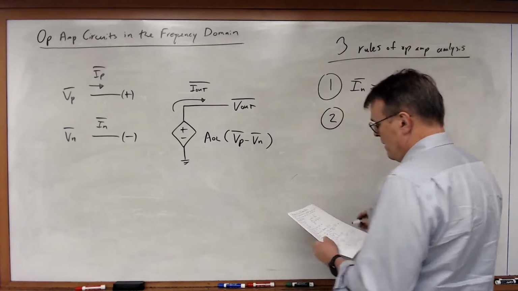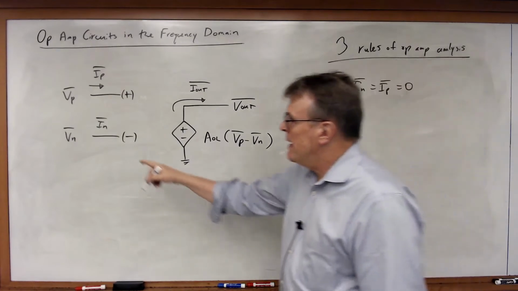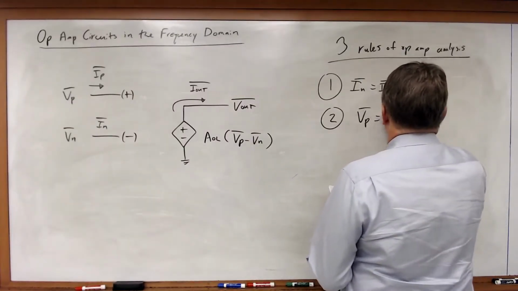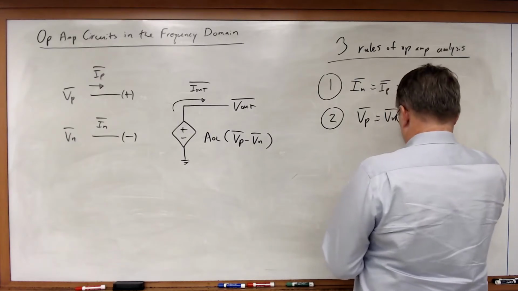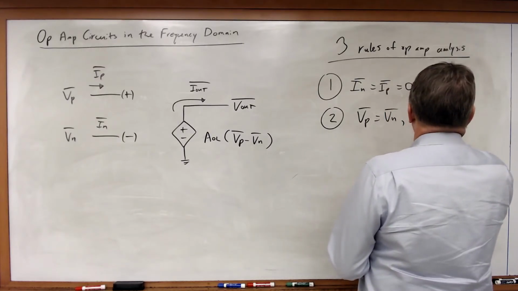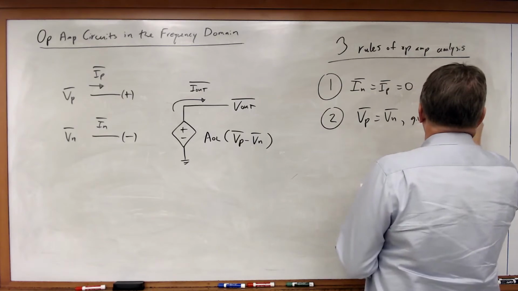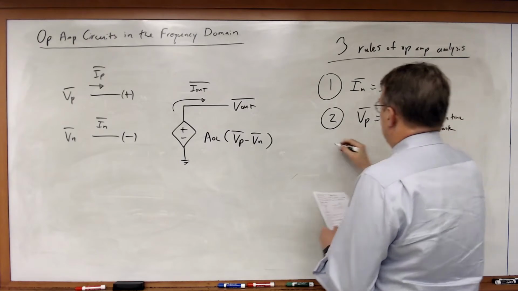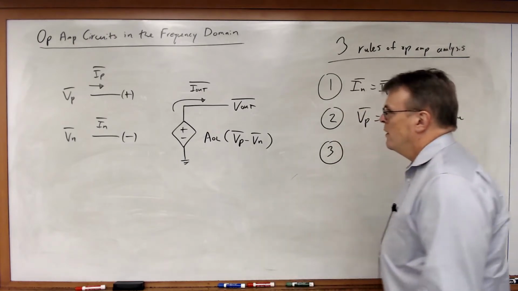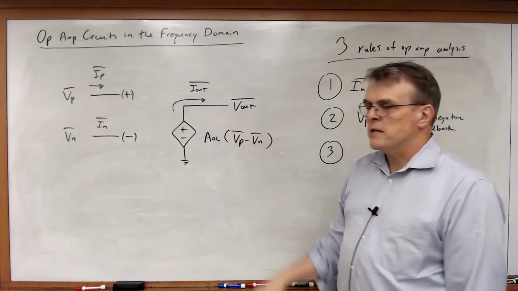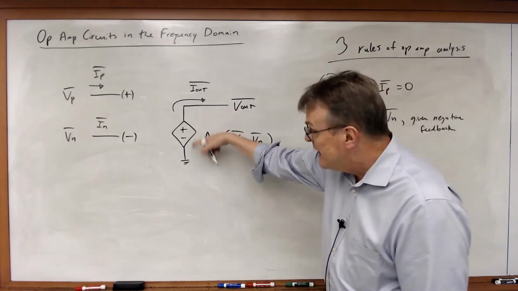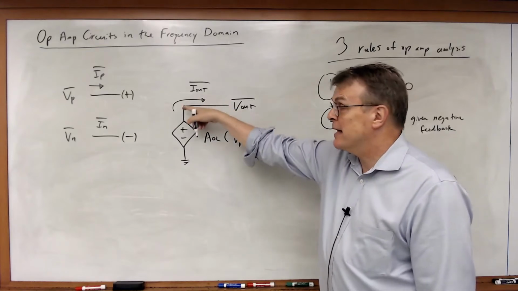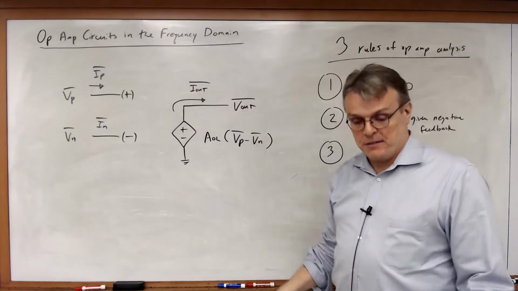Rule number 2, given negative feedback, Vp must be equal to Vn. And rule number 3, you don't need to write a KCL equation at the output of the op-amp because it basically is behaving like a defined node unless you need to determine what Iout is.